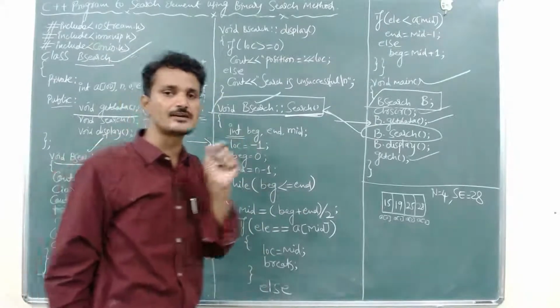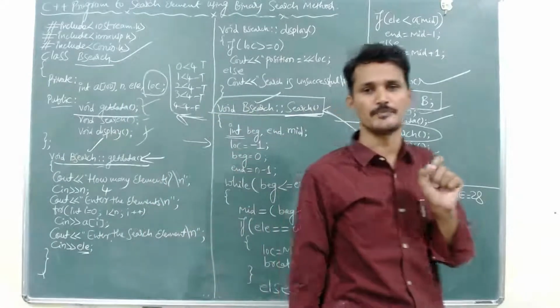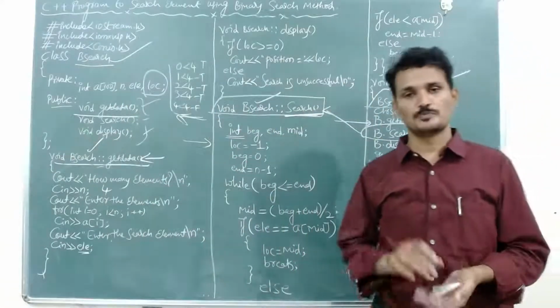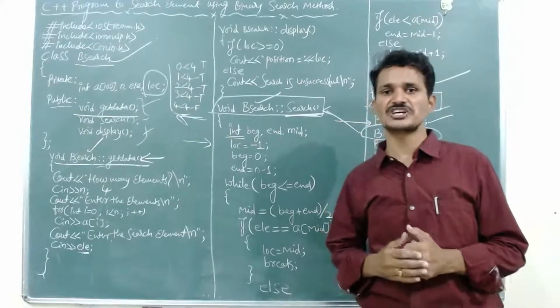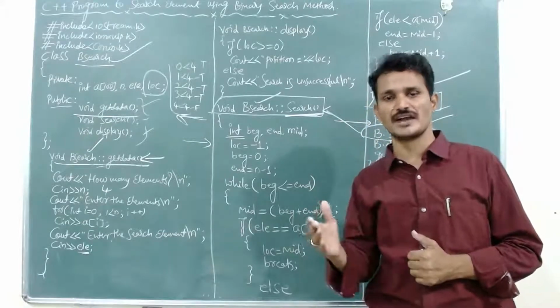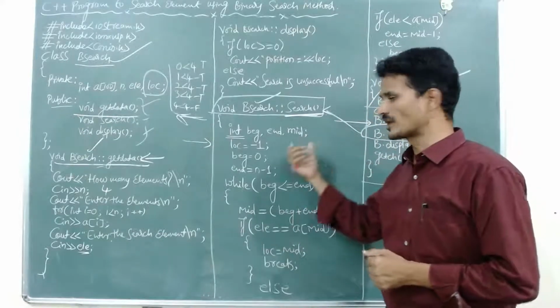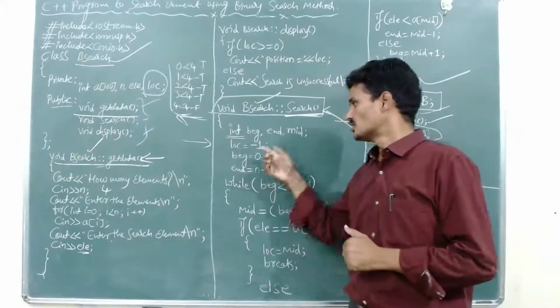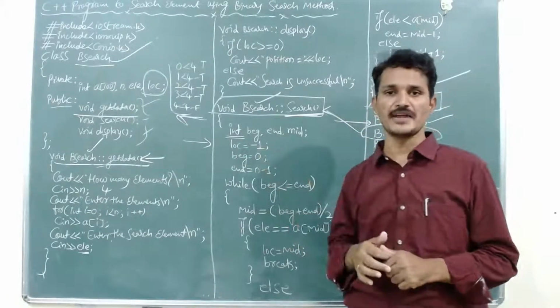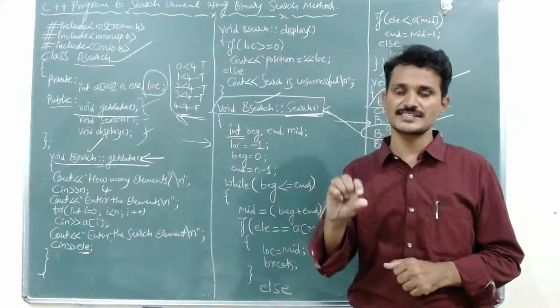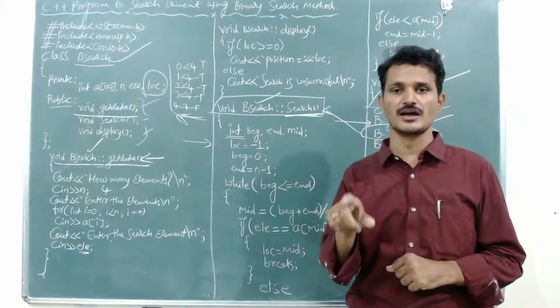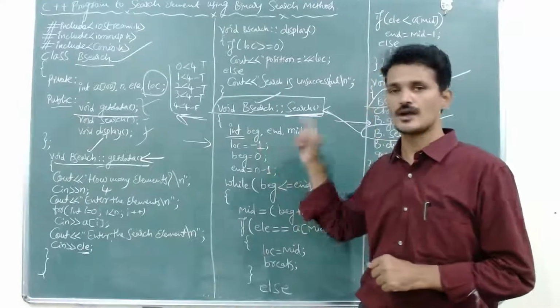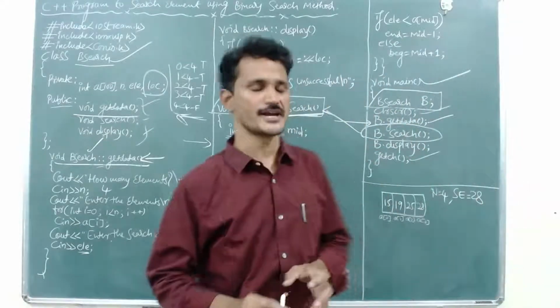Why are we assigning location equal to -1 in the program? Because array indexing starts with the 0th element, henceforth we are taking location as -1. I'll repeat once again. Got it?